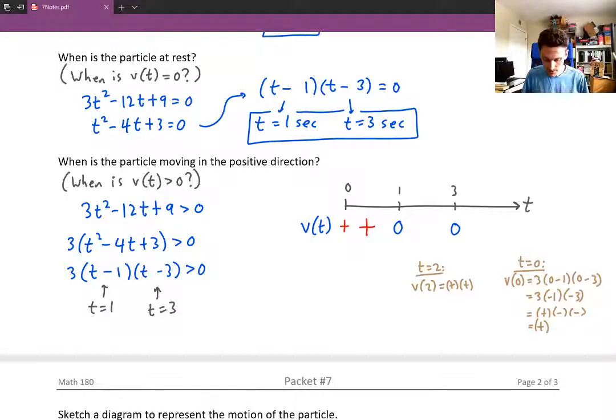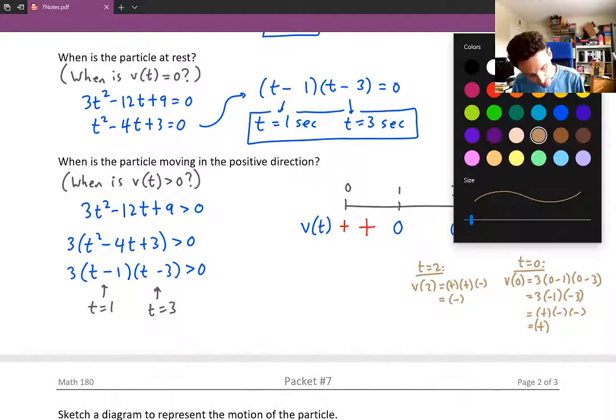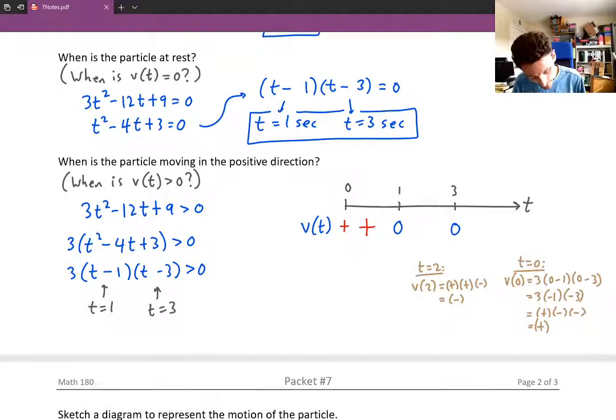Then 2 minus 3 is -1, which is negative. So plugging t equals 2 into the velocity function, I get a positive times a negative, which is negative overall. An odd number of negative factors gives you a negative number. An even number of negative factors gives you a positive number. So on that whole interval from 1 to 3, we get negative for velocity.